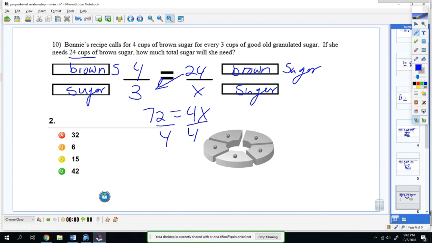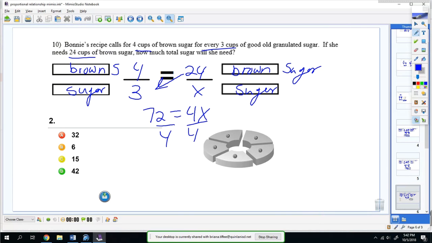Huh. I think I did it right. So 4 cups of brown sugar for every 3 cups. So 4 brown, 3 cups. I'm going to use 24 brown. So you do 24 times 3, which is 72. And you take 72 and divide it by 4, which is 18.